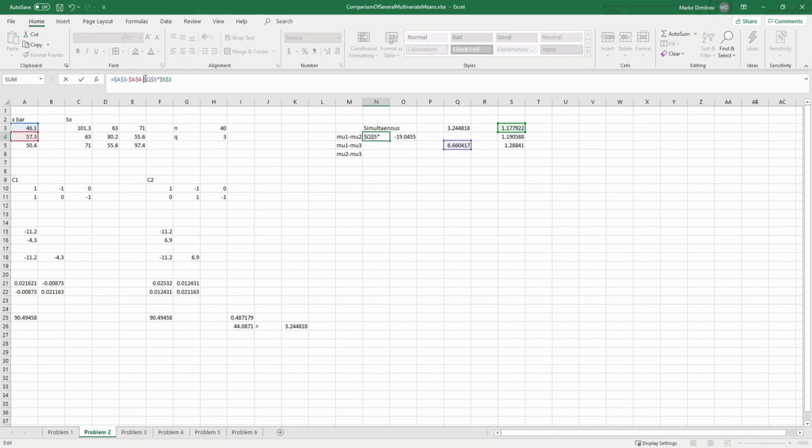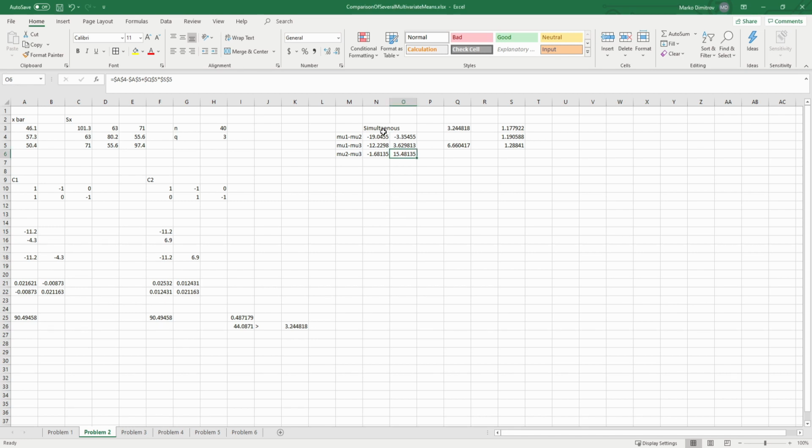So this is for the first difference. Second is 1 and 3, and then 2 and 3, with the same but with plus.